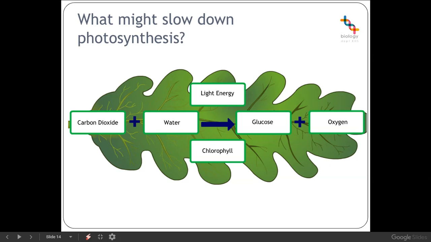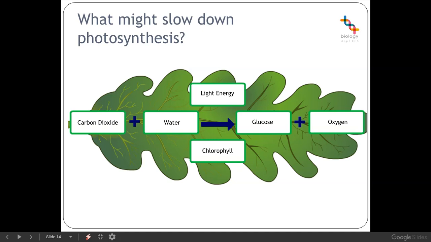If we don't have enough water, photosynthesis will slow down. However, the amount of water that you need in photosynthesis is actually very, very small. You only really need a few water molecules at a time for each reaction of photosynthesis. And consequently, the plant normally can access enough water. So it's rarely an issue that water will slow down photosynthesis.